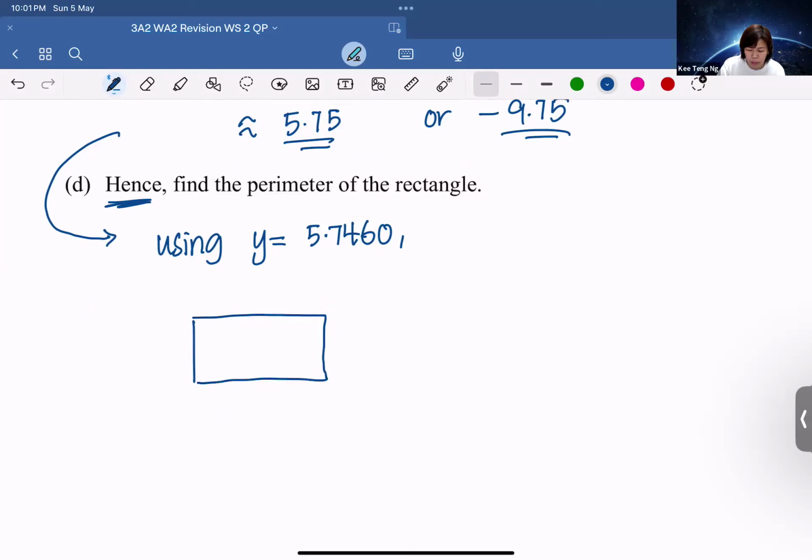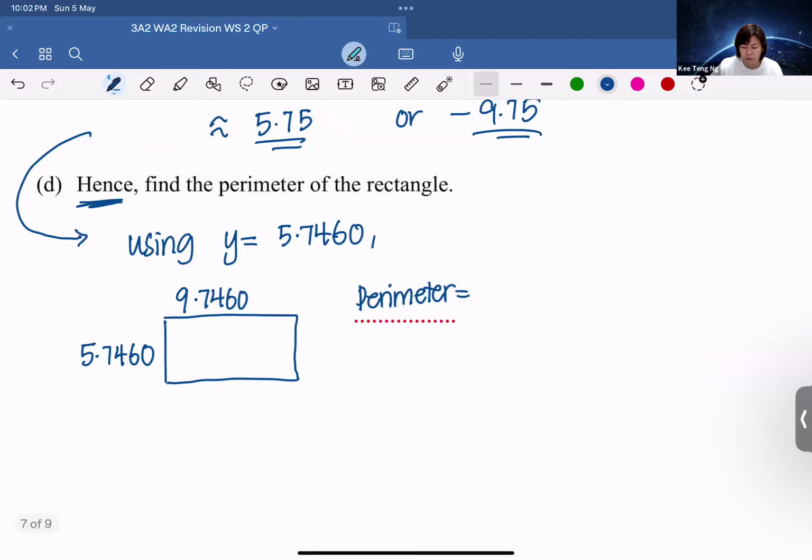I recall that my rectangle is this. I have y is 5.7460. My length is 4 cm longer, plus 4, which gives me 9.7460. Then I need to find the perimeter.